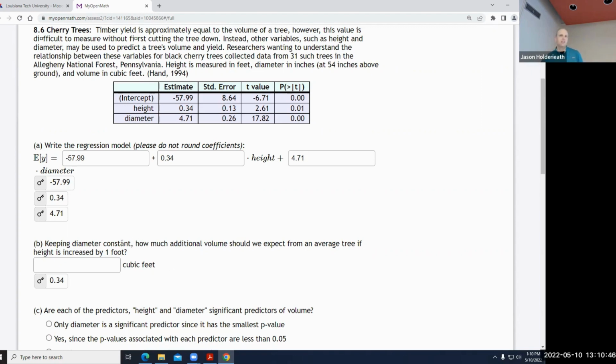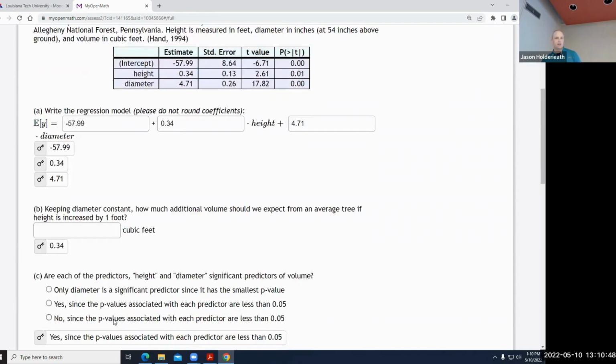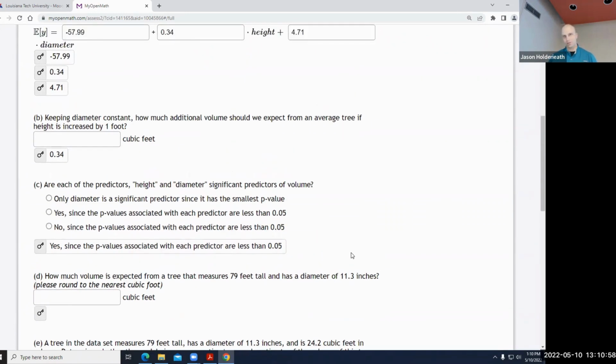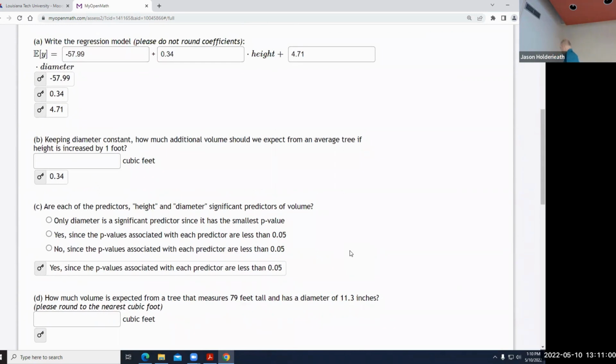So, okay. How much volume is expected from a tree that measures 79 feet tall and has a diameter of 11.3 inches? Okay.